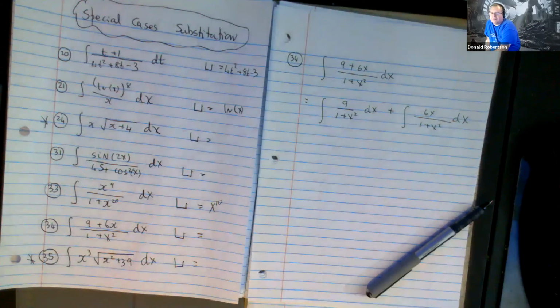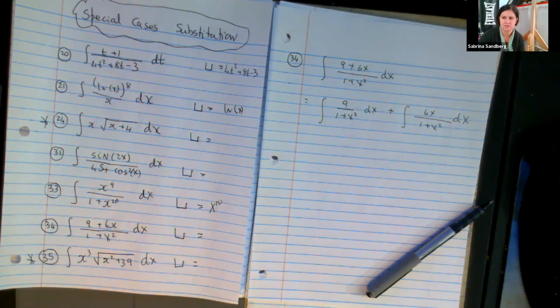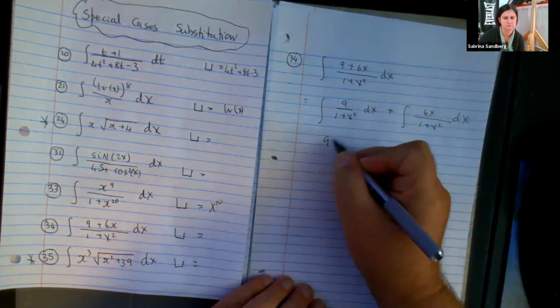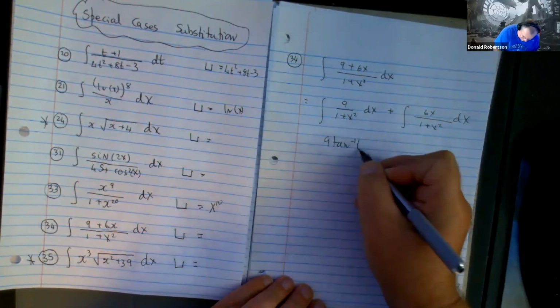Why am I taking the original question and breaking it into two distinct pieces? There must be a reason for it. I must be doing it for some reason. Each one individually can be turned into inverse tan more easily. Yeah, well, this one definitely can.